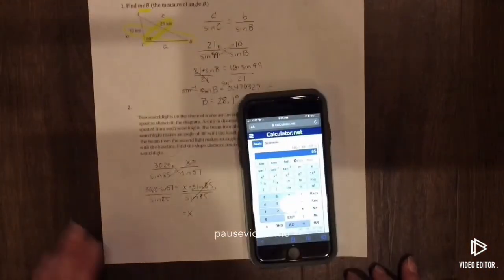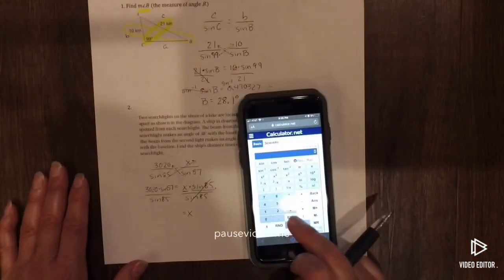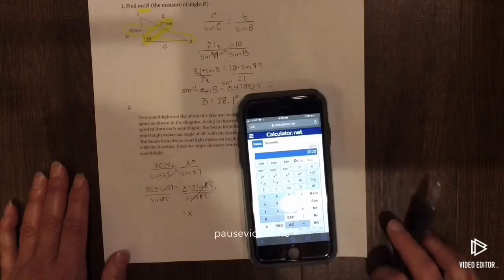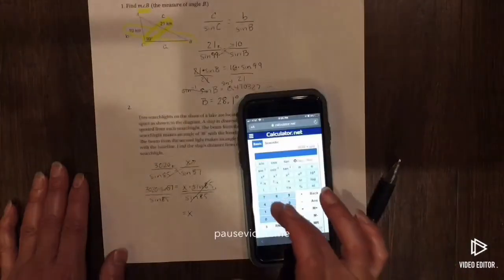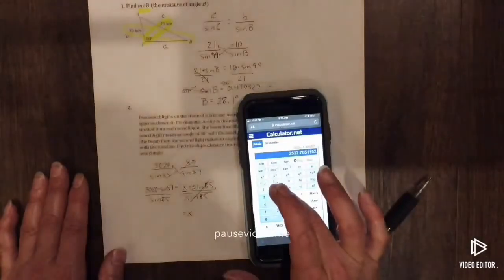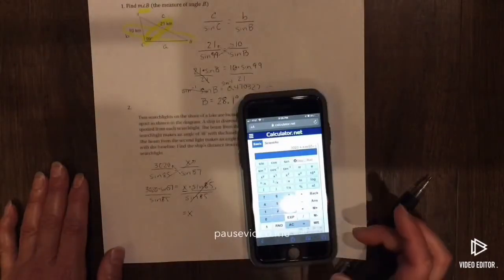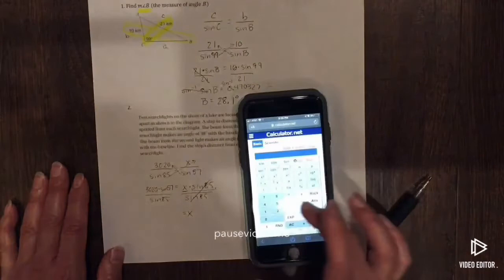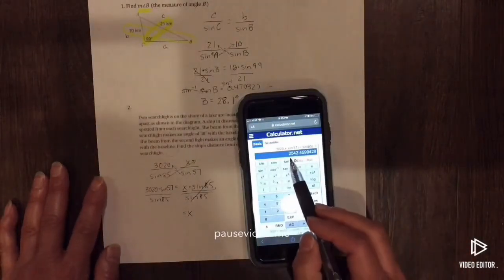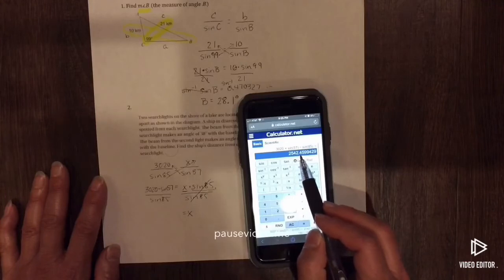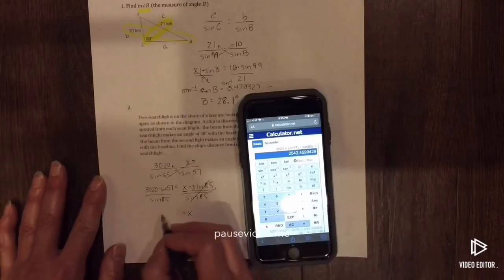Go to your calculator and let's type it all in. 3020 times sine 57, close those parentheses, don't forget that, divided by sine 85, hit enter, and I get 2,542, we'll round to the nearest tenth, .5.